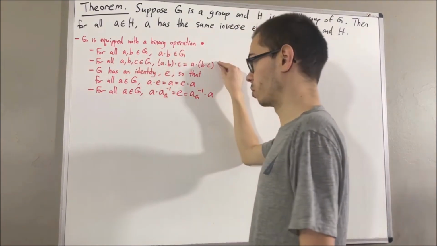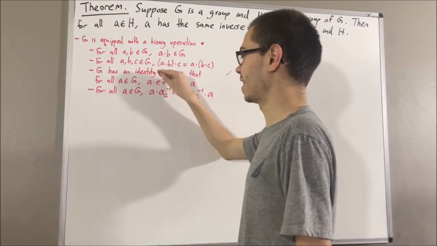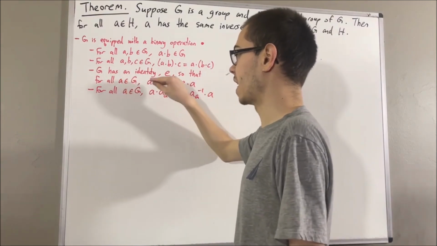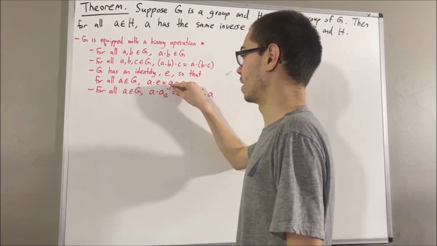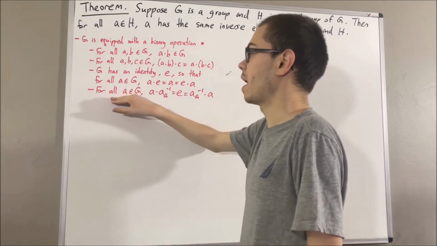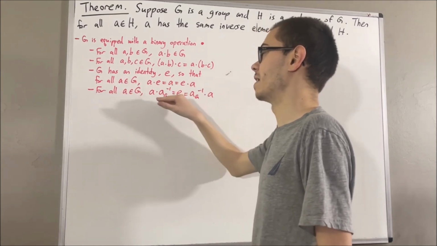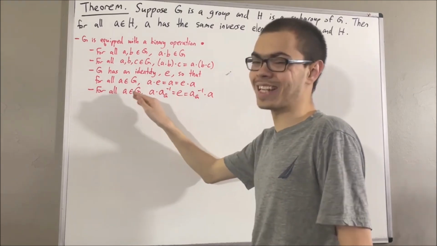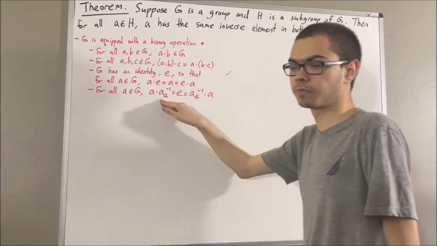The associative law holds. G has an identity element, E, such that for all elements A in G, A times E is equal to A, and E times A is equal to A. And also, every element of G has an inverse. And for now, we will denote the inverse of A in G as this.